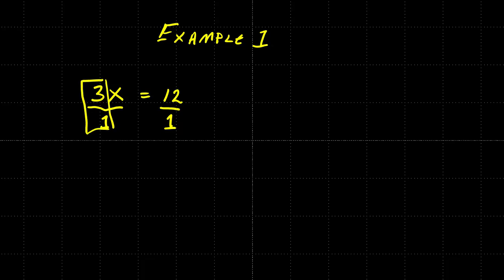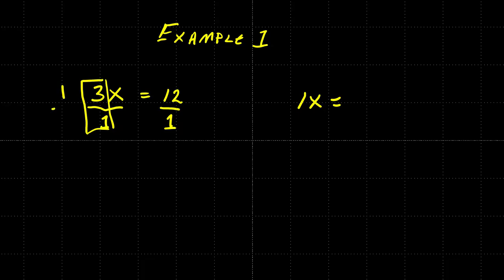Right now I have 3x equals 12. Really what I want is 1x equals something. I don't know yet what that is. But now I'm going to multiply both sides of this equation by 1 over 3. That's the reciprocal of 3 over 1.